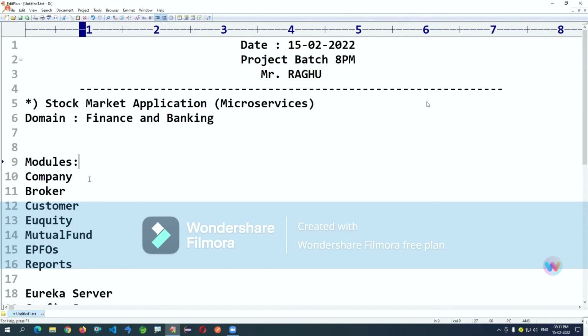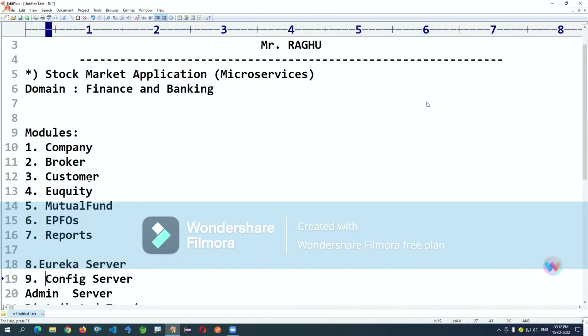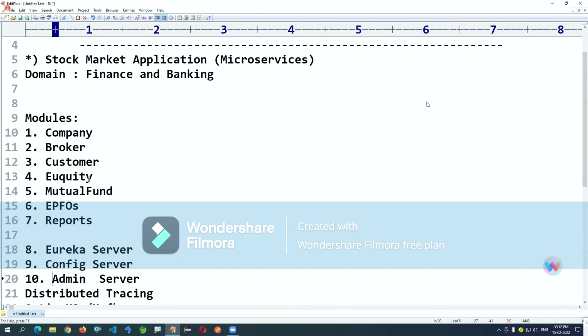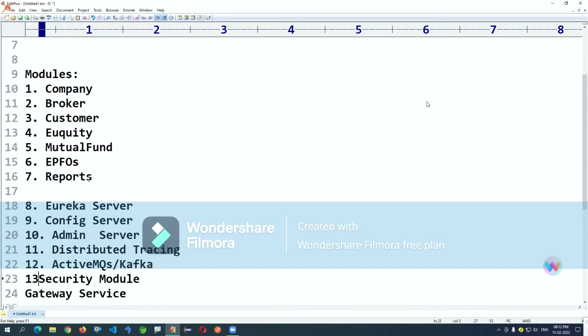These are the different types of modules or categories, whatever you call them. I'll give all the screens for this. Eureka, config server, admin server, distributed tracing. These are the things we are going to implement here.